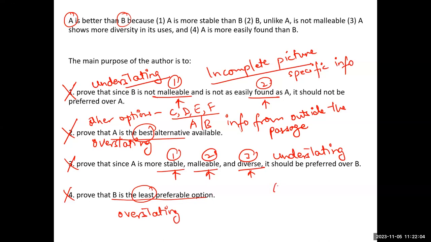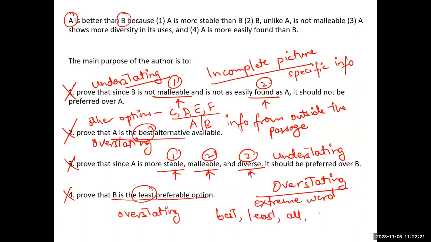Now remember this, any option that has an extreme word like best, least, all, of all, always, most, any option that has these extreme words, it is definitely overstating the main idea.